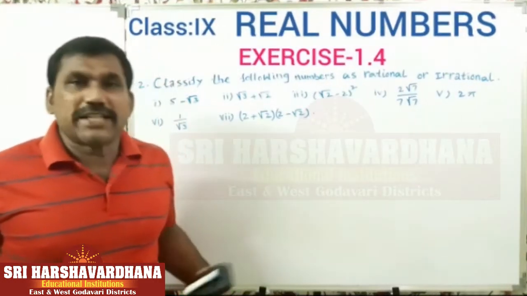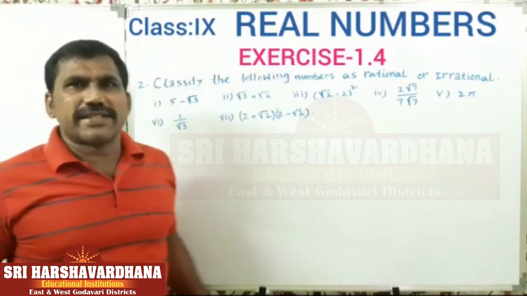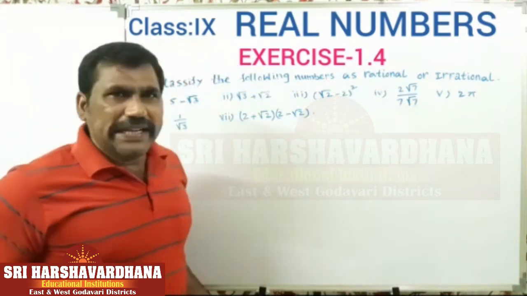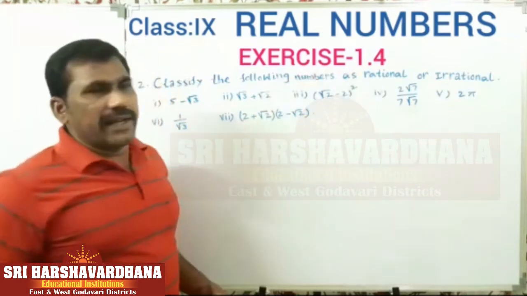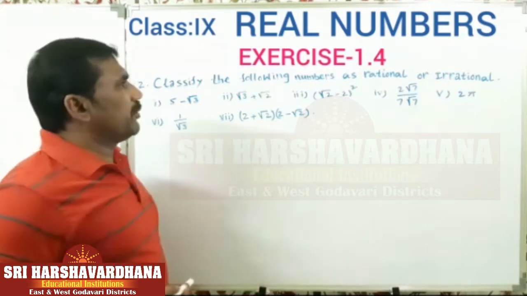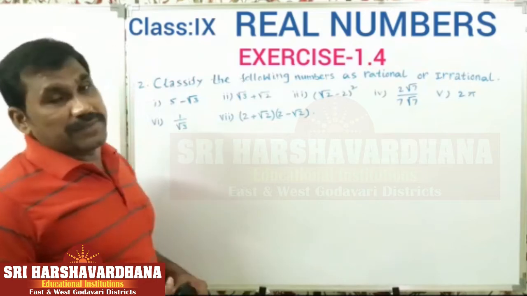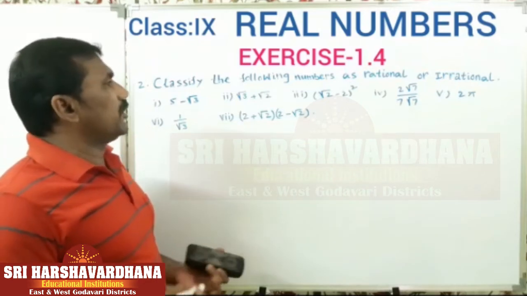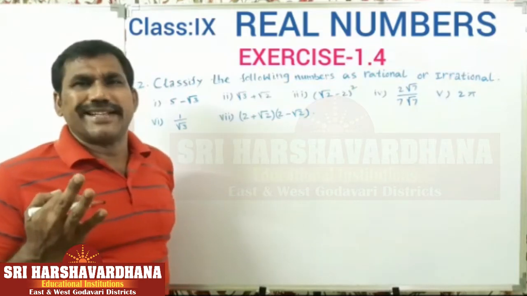Children, now I will explain the second problem of exercise 1.4. Classify the following numbers as rational or irrational. Children, there are 7 problems in this second problem. In those 7 problems I will explain only 3 problems.